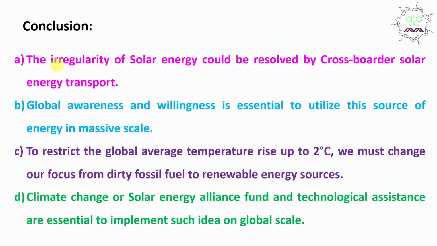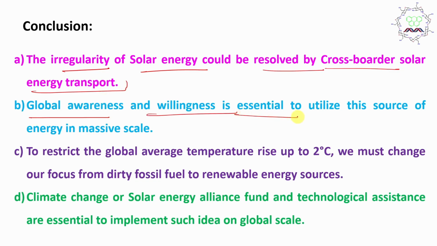Now, in conclusion, the irregularity of solar energy could be resolved by this cross-border solar energy transport. This is tough, and for that purpose, global awareness and willingness is essential to utilize this source of energy on a massive scale, because sunlight is actually free. We need to utilize it.